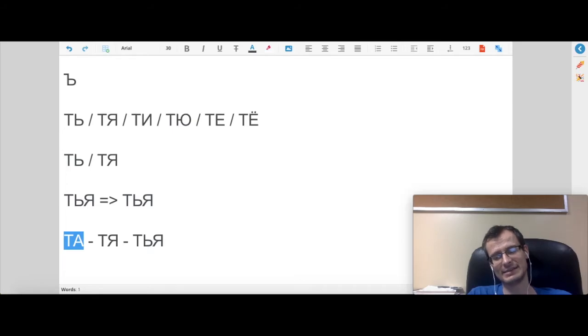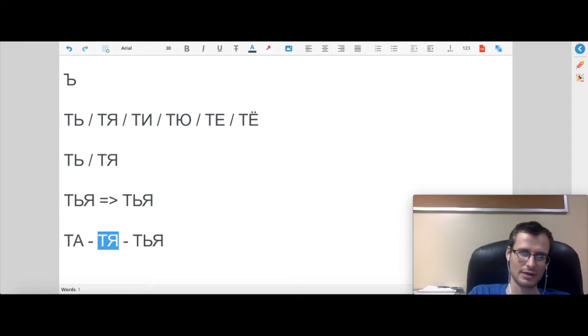Ta, ta. Right, here the T is soft because ya is a softening vowel, plus it's a diphthong. But in this case, ya is not a full-fledged diphthong because it kind of gives up its part to soften the T, right? So this one is again tia, tia.